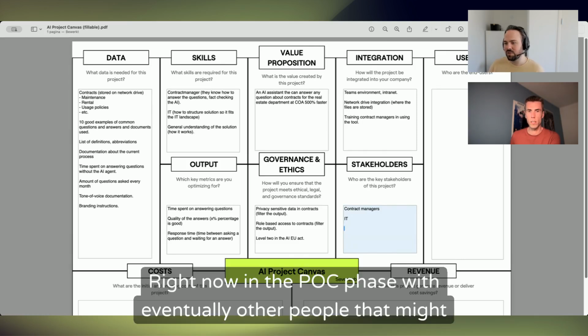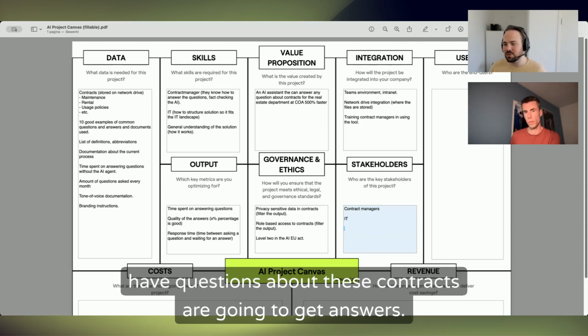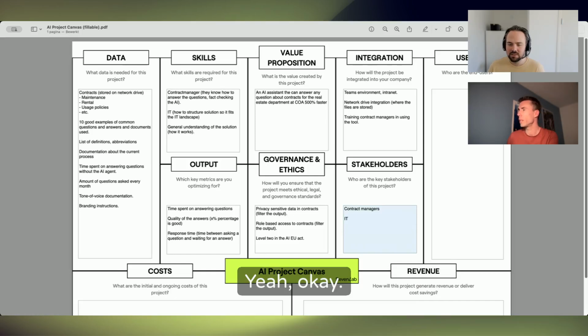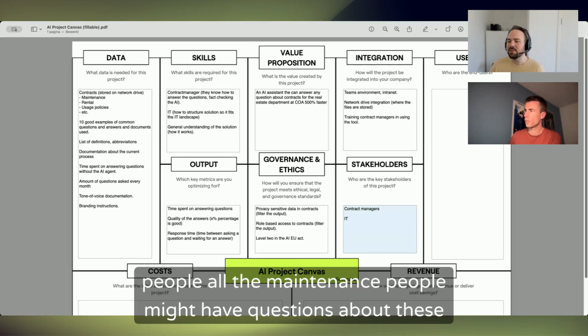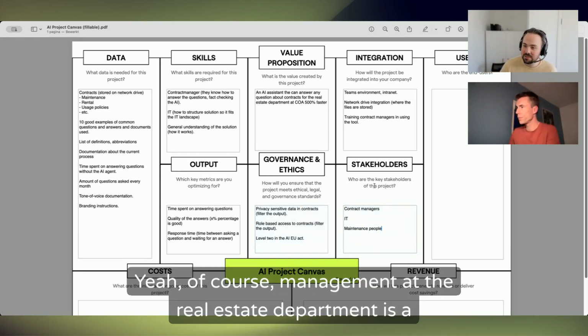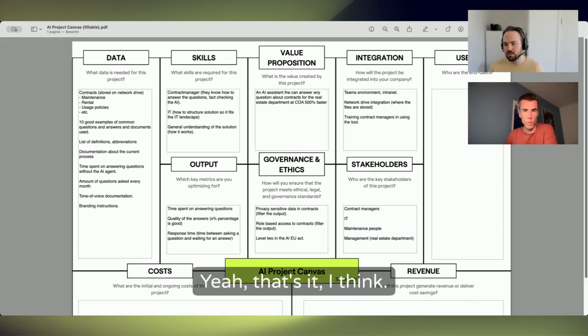Right now in the POC phase, but eventually other people that might have questions about these contracts are going to get answers. So the contract manager is stepping out of the loop at one point. So all the maintenance people might have questions about these contracts, or of course, management at the real estate department is a stakeholder.